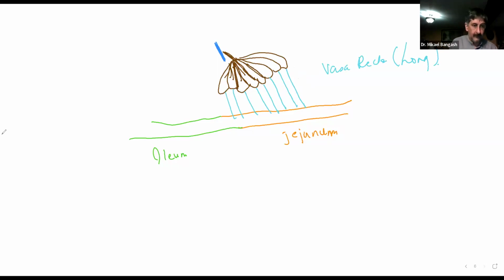Whereas when we now get to the jejunal part, it's going to be similar, joined end to end. Now these will be the vasa recta.